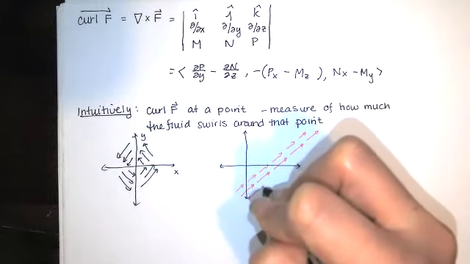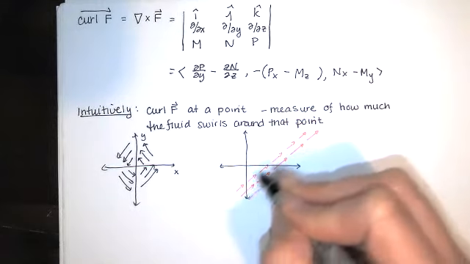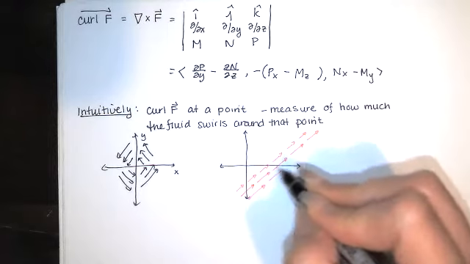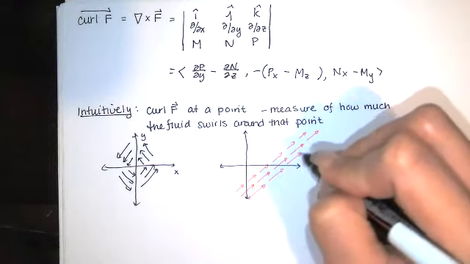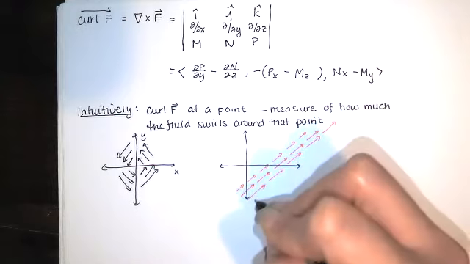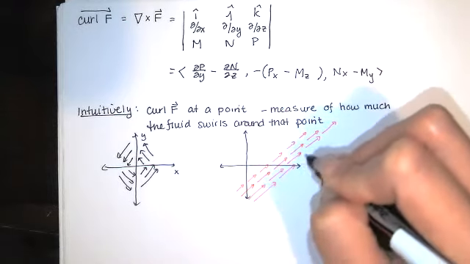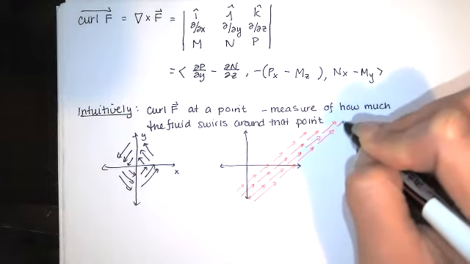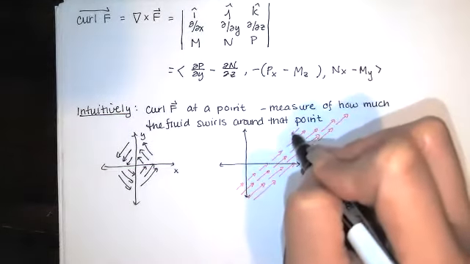See how once I get farther away from this line, I'm going farther this way, the magnitude of the field is increasing. The vectors are getting longer. Okay.